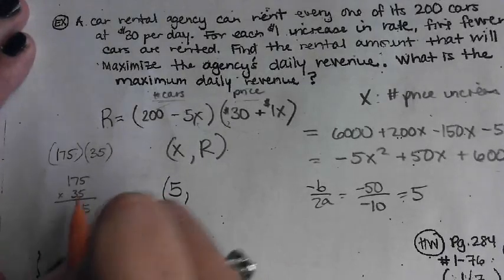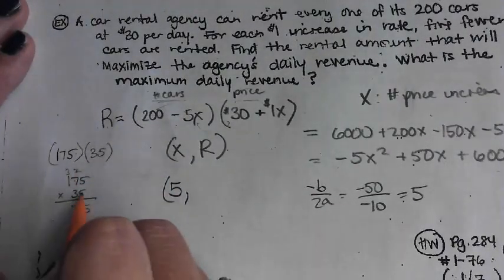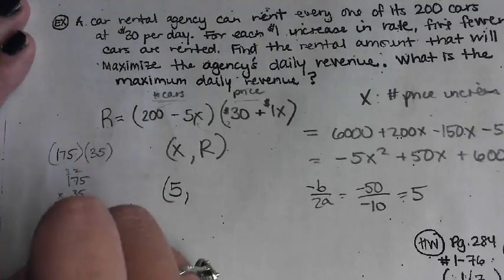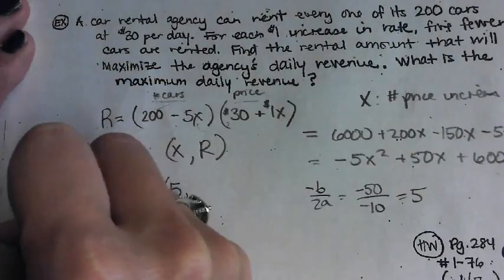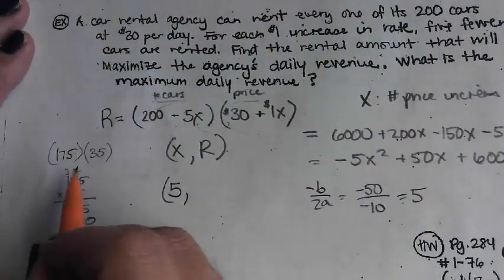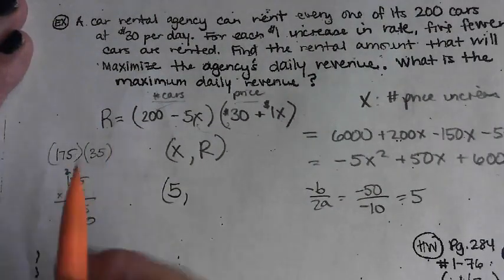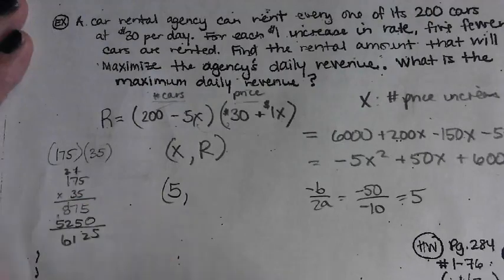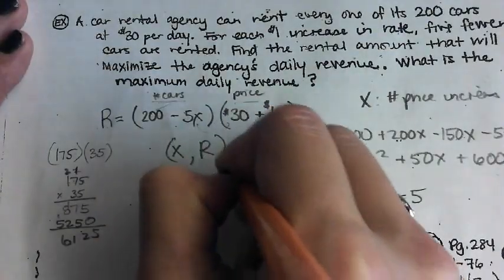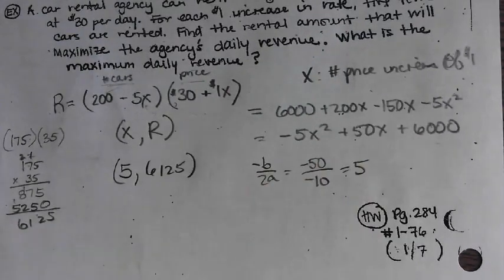So 5 times 5 is 25, carry 2, 35 plus 2 is 37, carry 3, 5 times 1 is 5, plus 3 is 8, fill your 0, remember all this fun stuff? 3 times 5 is 15, carry 1, 3 times 7 is 21, add 1, you get 22, carry 2, 3 times 1 is 3, plus 2 is 5, add them all together. 6125. And maybe that would have been easier here. I don't know. It's up to you.